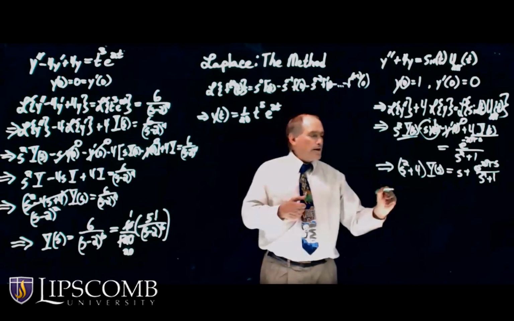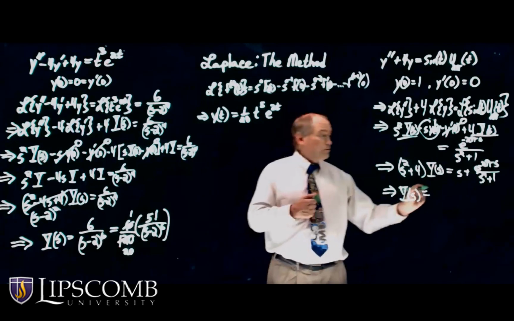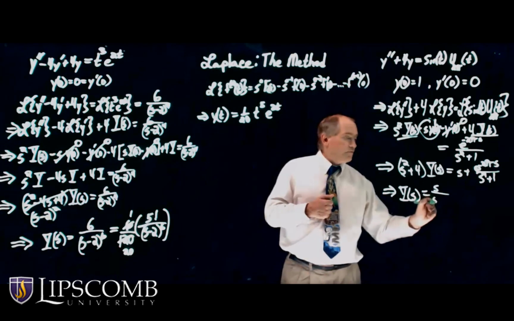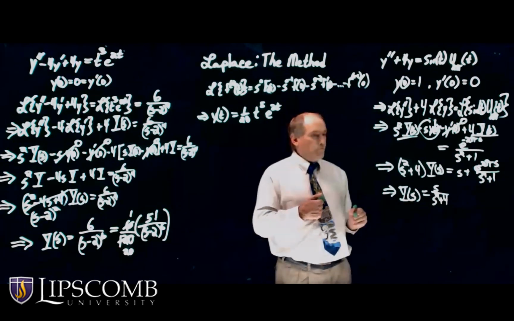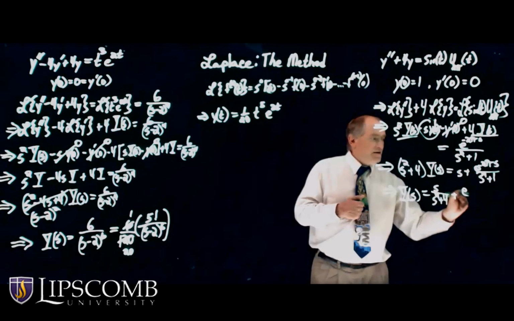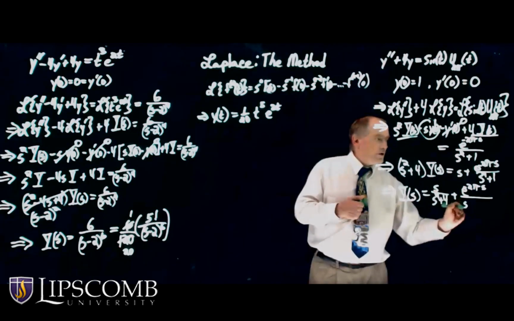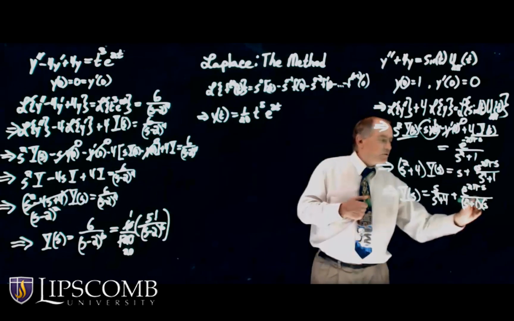So what do I get? I get capital Y of s equal to s, divide everything by s squared plus 4, so this would be s over s squared plus 4 plus e to the minus 2 pi s over s squared plus 1 times s squared plus 4.